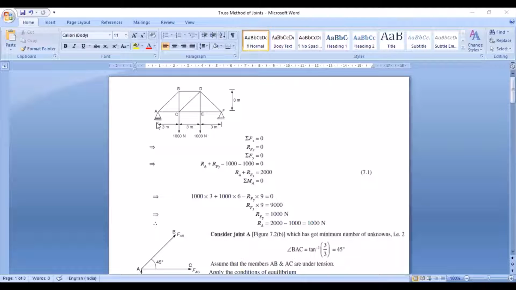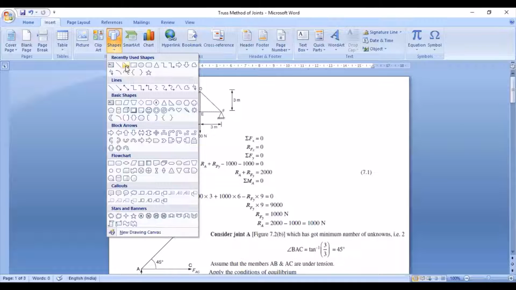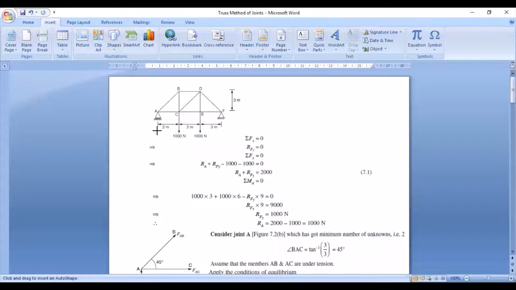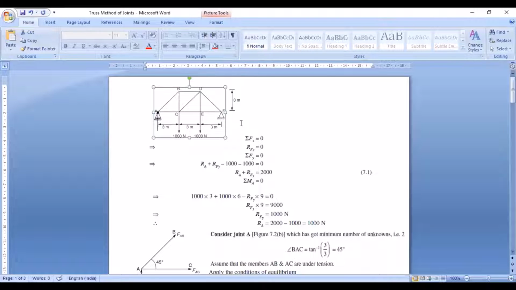Next is sigma Fy. In sigma Fy we have two vertical reactions, one at A, one at F, and you have two vertical forces which are acting downwards. So totally you have four forces in the sigma Fy equation.